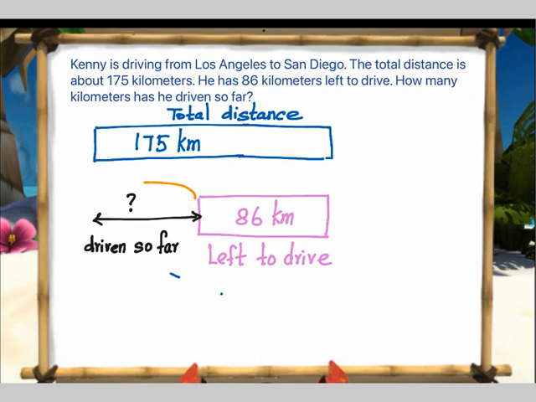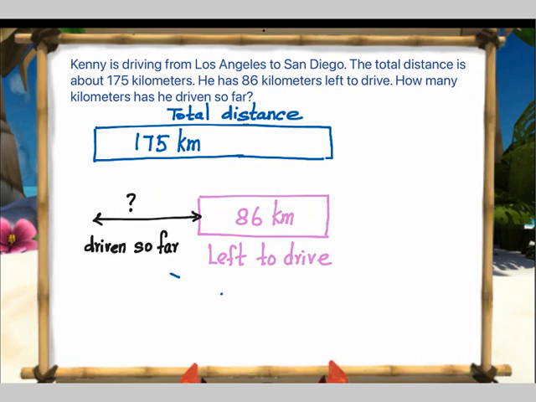Okay, what we know is the total distance that he has to travel from Los Angeles to San Diego. We also know that the kilometers left to drive is 86 kilometers.